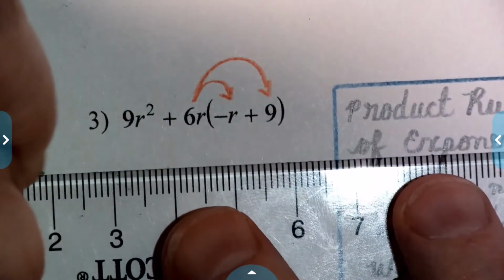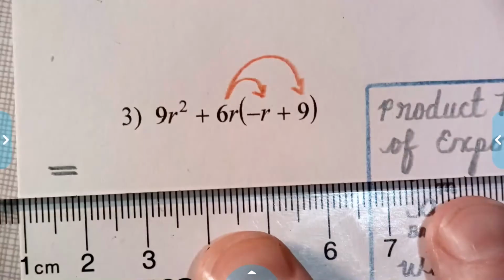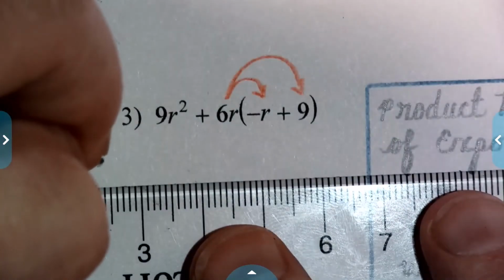So first, I'm going to put an equal sign over here, and I'm going to give myself some space and write the 9r squared.